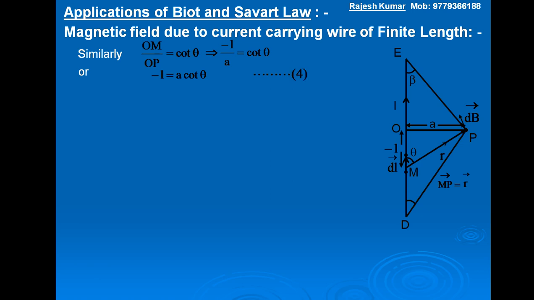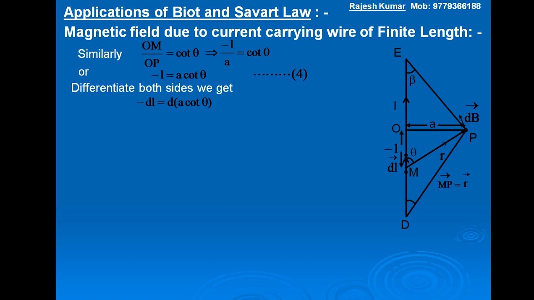Call this equation number 4. Differentiate both sides, we get minus dl is equal to d of a cot theta.